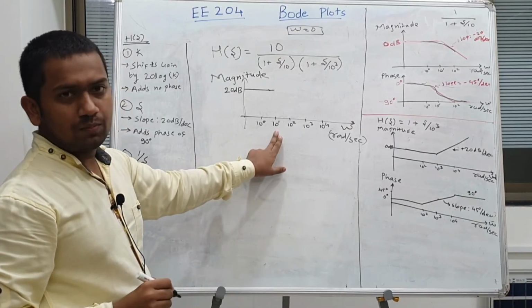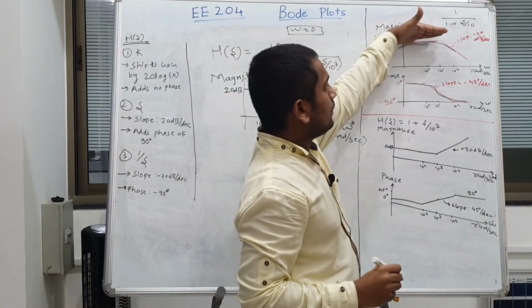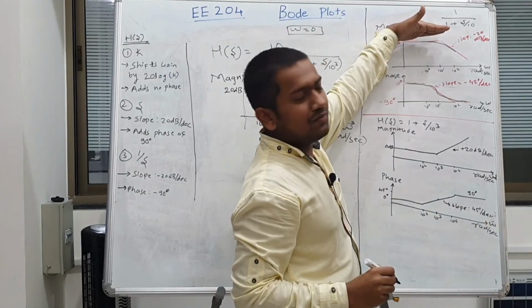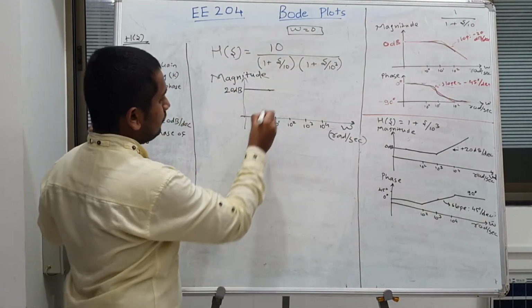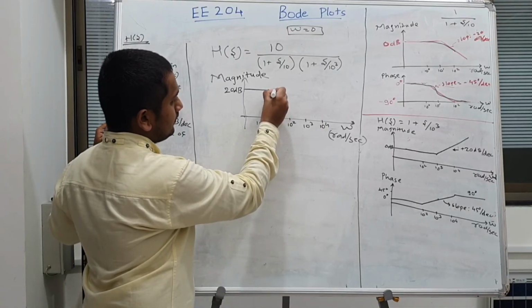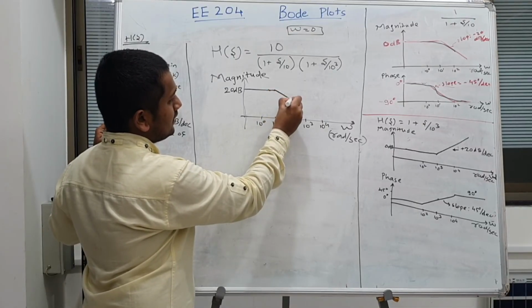After coming to the first pole, the slope will change from 0 dB per decade to minus 20 dB per decade.